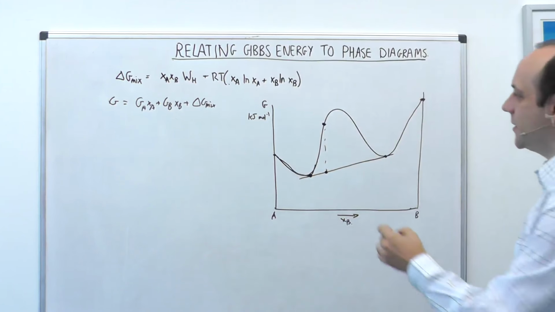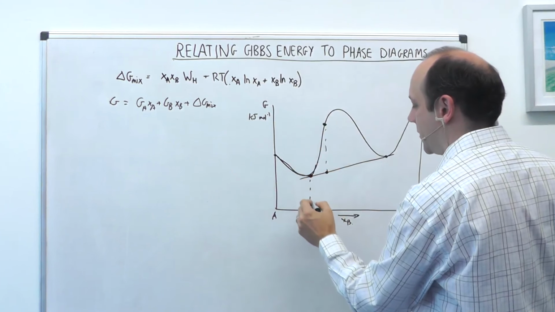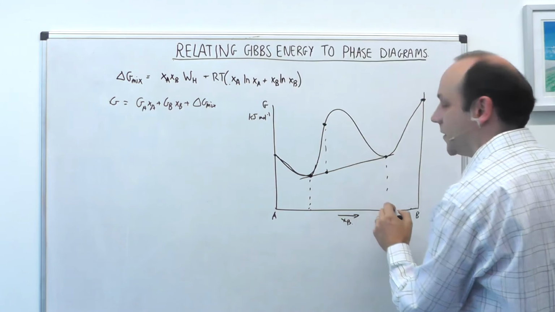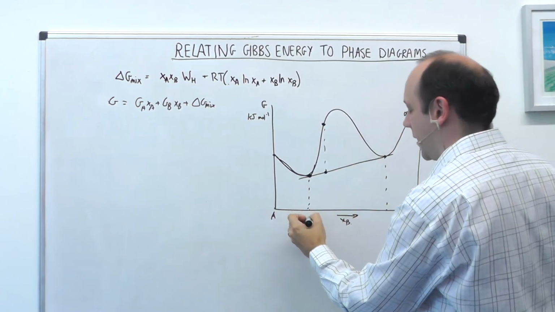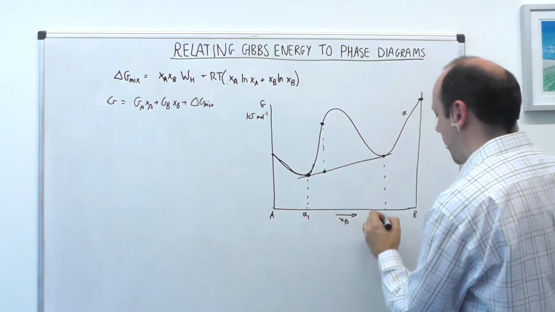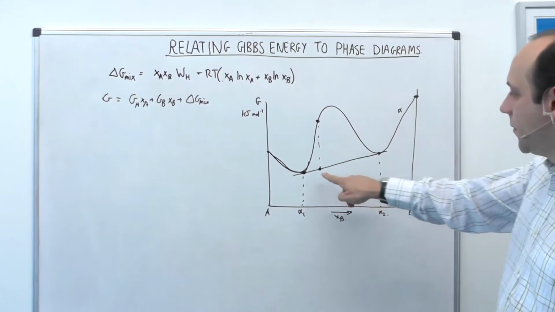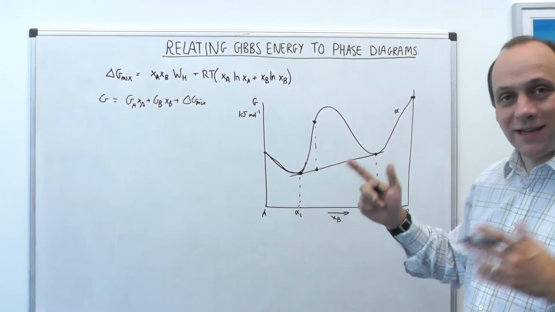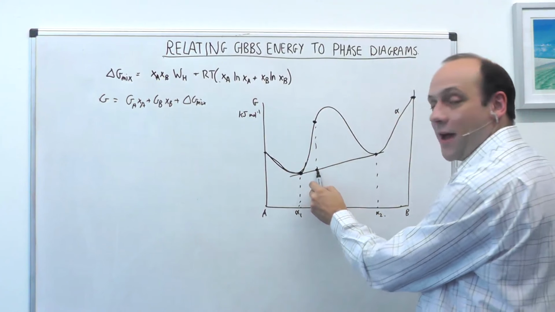So what that means is an alloy here can decompose into an A-rich phase and a B-rich phase. So this is a Gibbs energy curve, say, for a phase alpha, and it can decompose into an A-rich alpha 1 and a B-rich alpha 2. And the overall energy you'll get, if you go through and take the lever rule, then the overall energy will actually be that number.